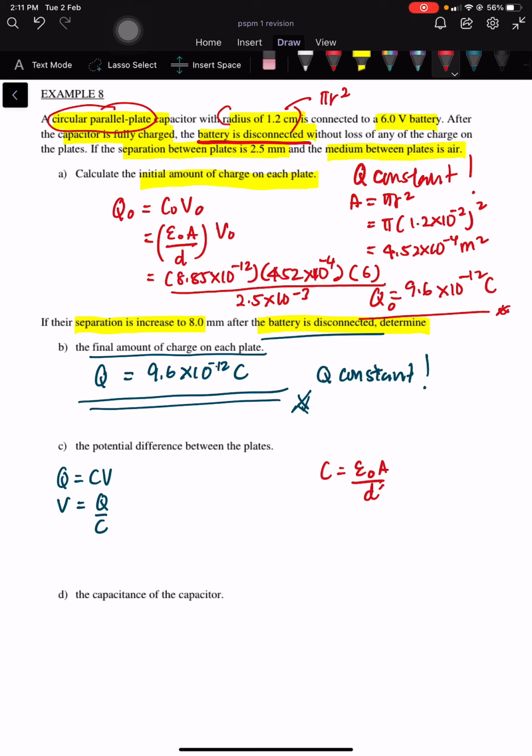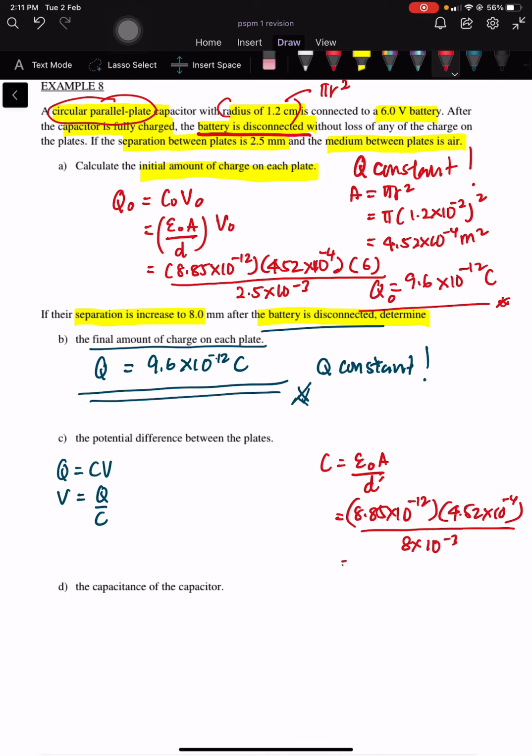Saya letaklah prime. So epsilon naught is 8.85 times 10 to the power of negative 12 times with area 4.52 times 10 to the power of negative 4 divided by d. d adalah 8 times 10 to the power of negative 3. Okay, so yang ini you masukkan dalam ni. Okay. So the answer for C is 5 times 10 to the power of negative 13 farad.